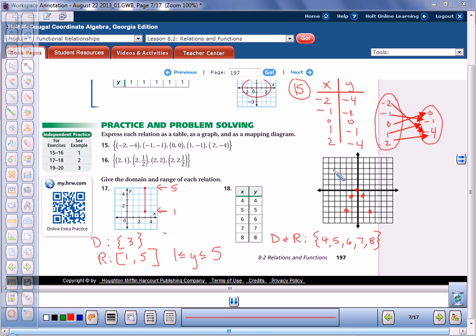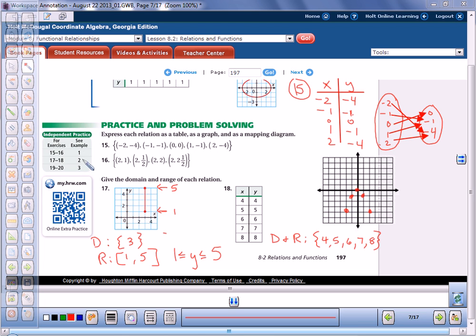Do all of these output values look like the opposite of the input value squared? Square this and take the opposite. Square this and take the opposite. Square this and take the opposite. Do you see how you get that? Okay. Now I'm not asking you to tell me that. I'm just letting you know that's what that is.